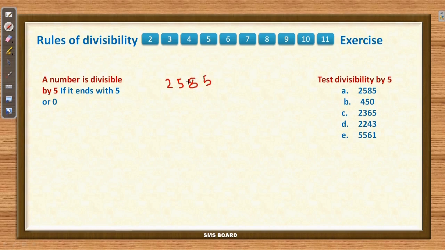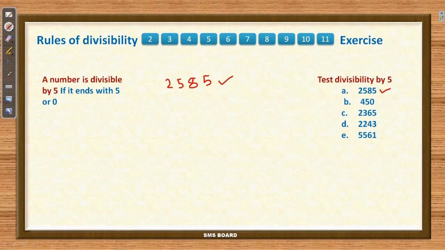That means the number ends with 5. So, according to the rule, a number is divisible by 5 if it ends with 5 or 0. 2585 ends with 5, so this number is divisible by 5. This is a very easy rule.